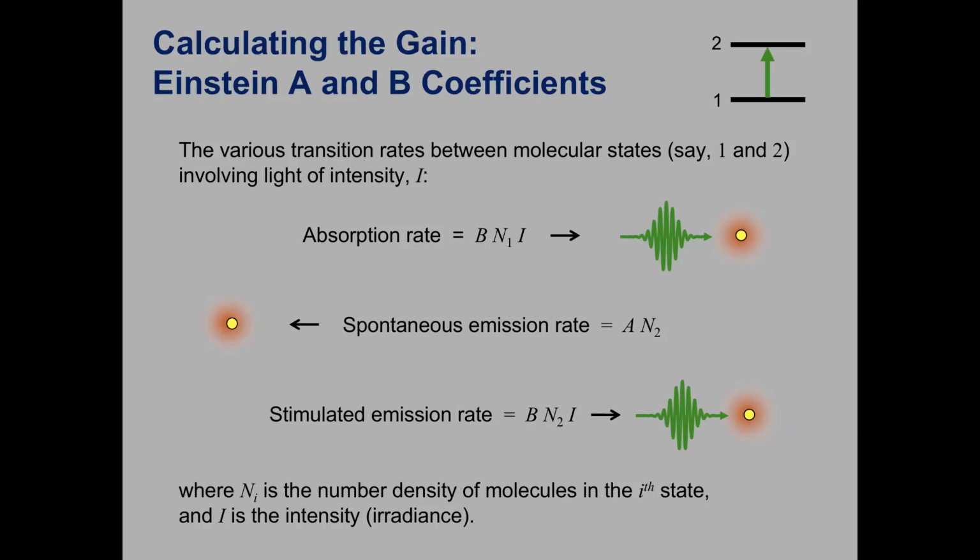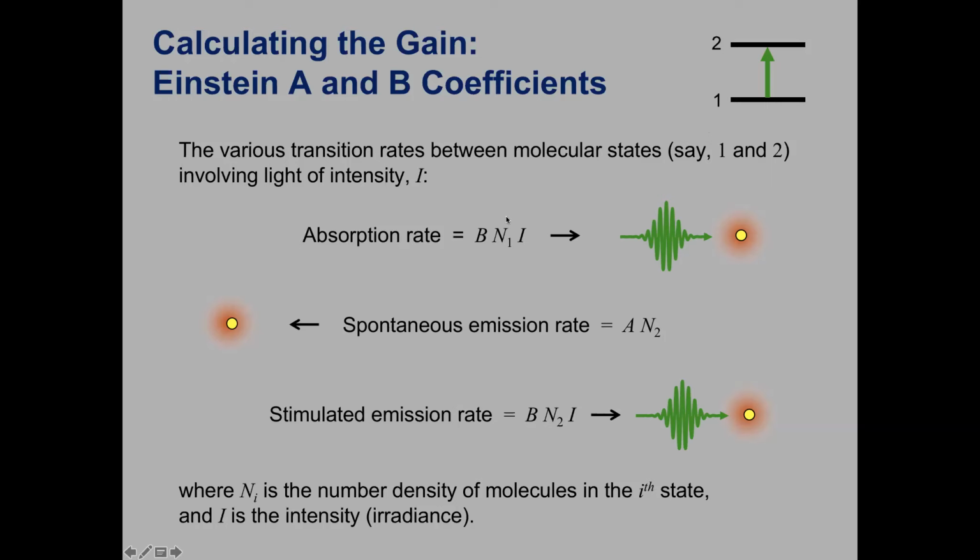So there's going to be some constant B times the number of molecules you have in the lowest energy state. Here we're going to consider just something with 2 energy levels, some simple material with just 2 energy levels.